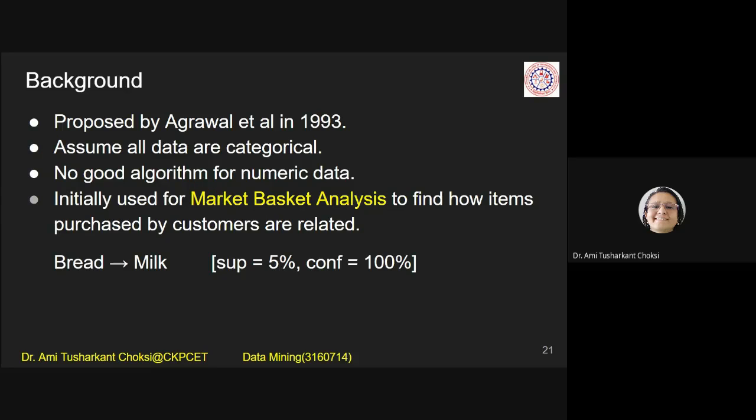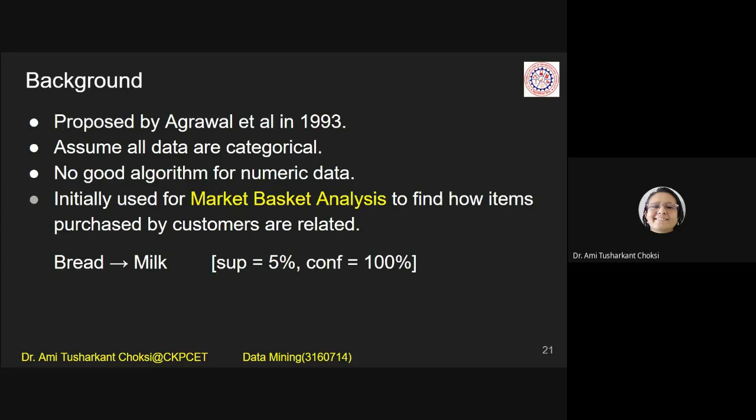So this basket, which contains the items we have purchased from the market, gets analyzed, and we find how the purchased items are related. Fine. Till now we were talking of the example bread, butter, cheese, right?